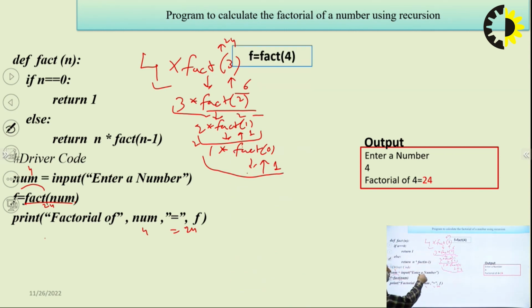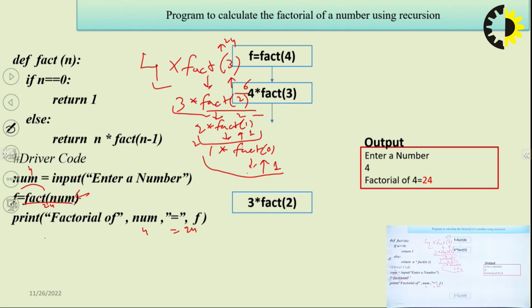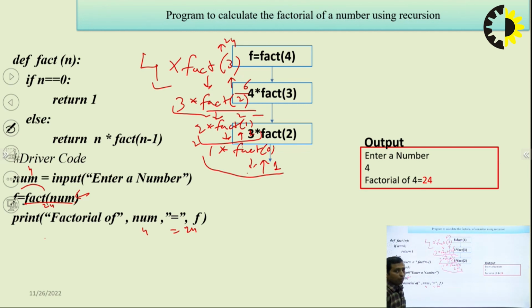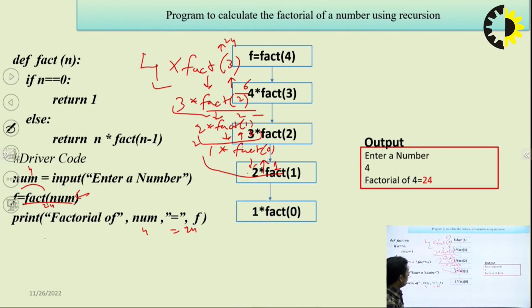Now the same flow we can show here also. The factorial of 4 is first called from this point, then it goes here, and 4 into fact 3 is called, and the next recursive call is 3 into fact 2, then 2 into fact 1, then 1 into fact 0.